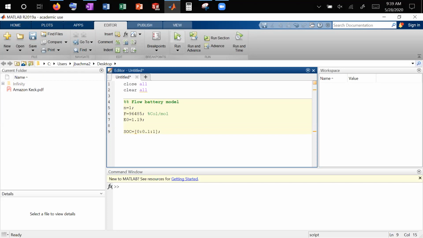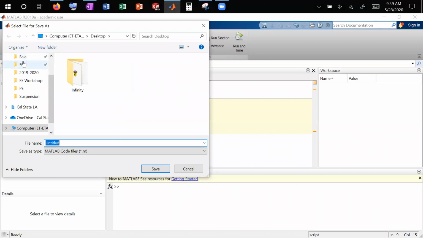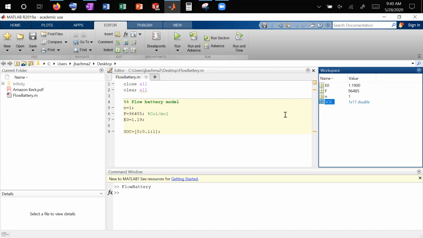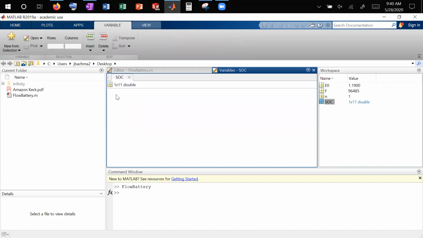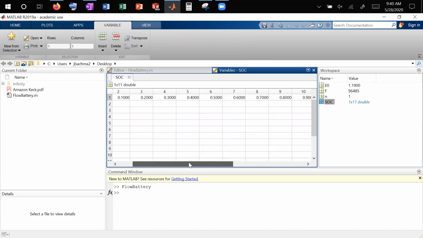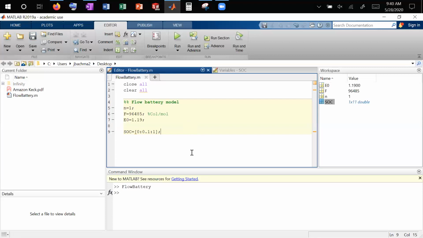Let's run that. Let's make sure. It asks me to save it. Okay, so it looks good. So this syntax basically made a vector that's 0, 0.1, and 1. So it looks good.